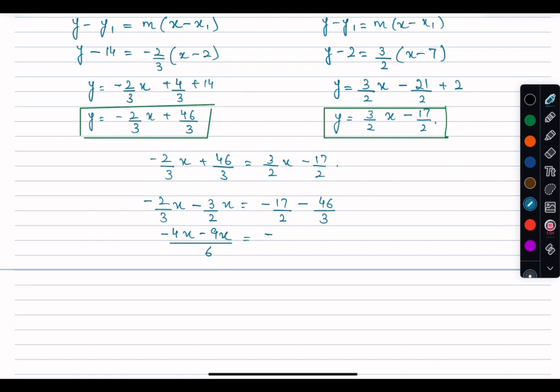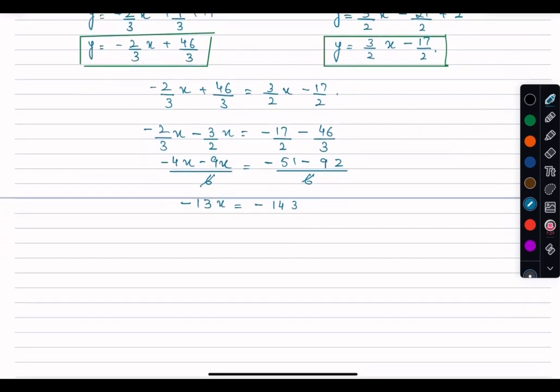And this will be equal to negative 51, negative 2 sixes are 12 and 8, and then negative 92, divided by 6 again. The 6 on both the sides gets cancelled. I will be left here with negative 13x, which equals negative 143.